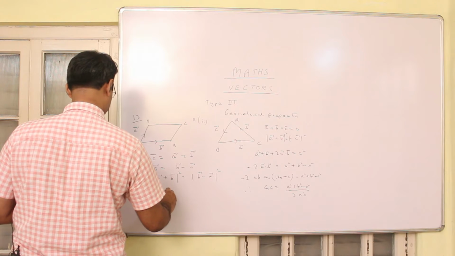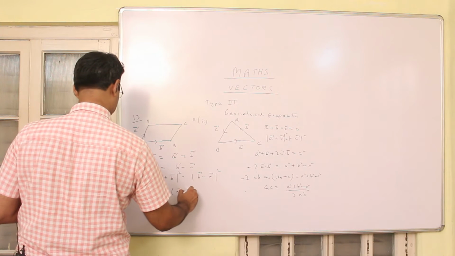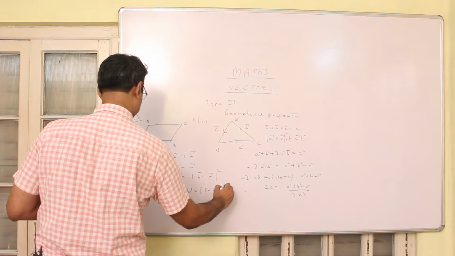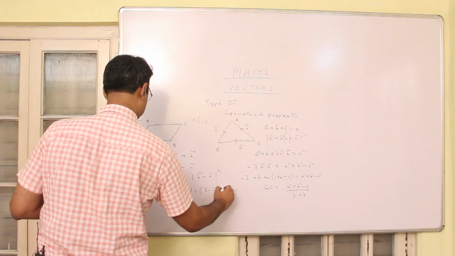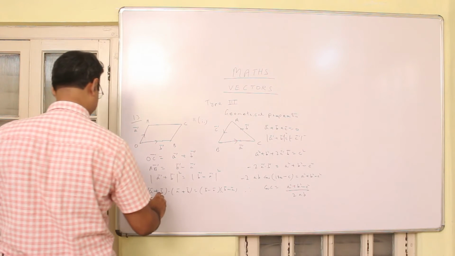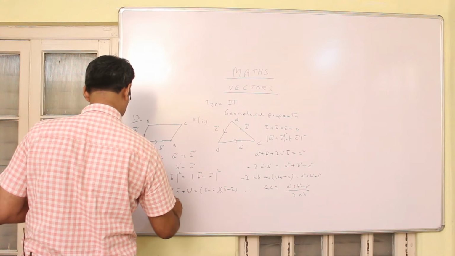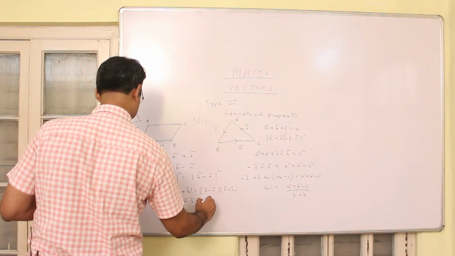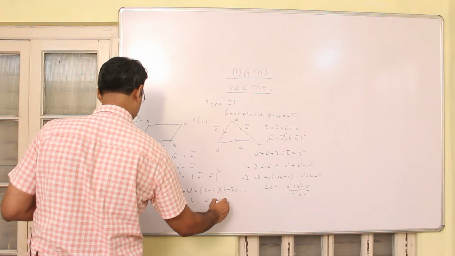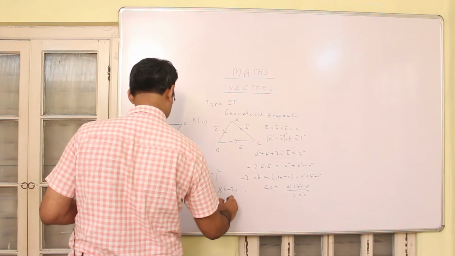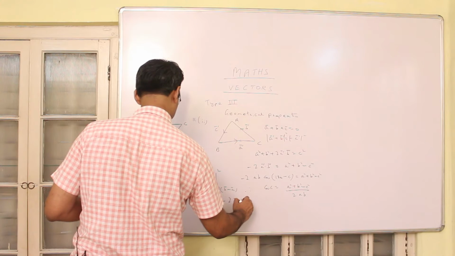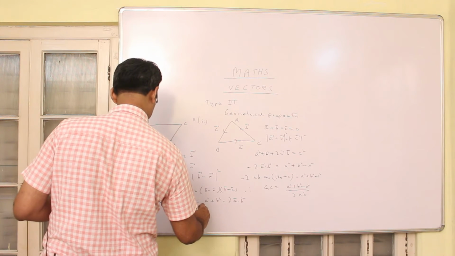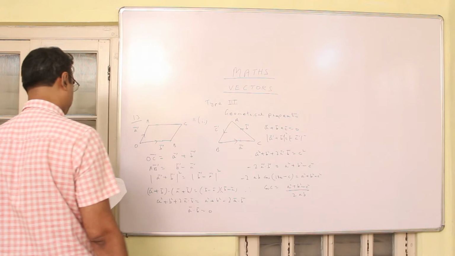So A plus B dot A plus B is equal to B minus A dot B minus A. So you will get A square plus B square plus 2 into A dot B is equal to A square plus B square minus 2 into A dot B. So you will get A dot B equal to 0.